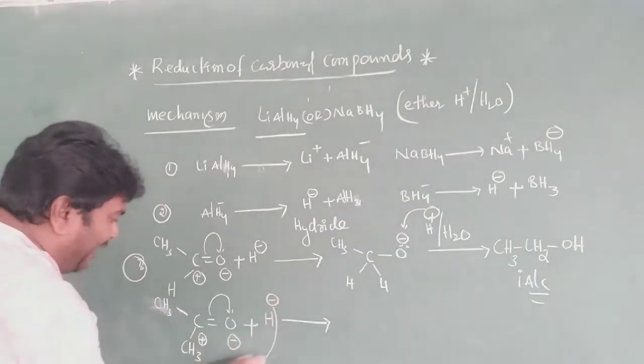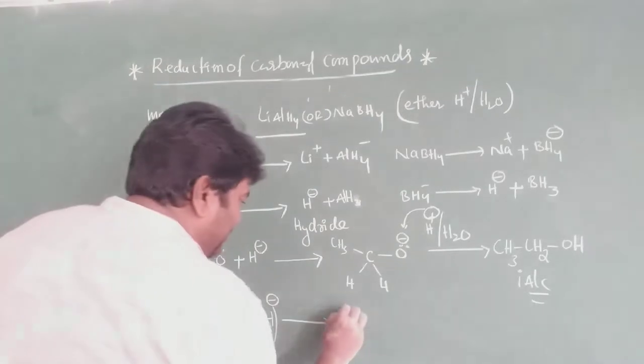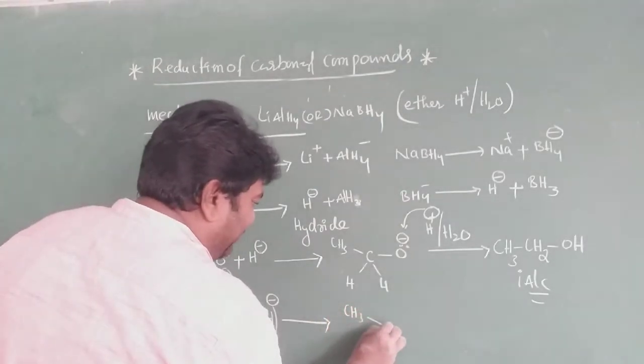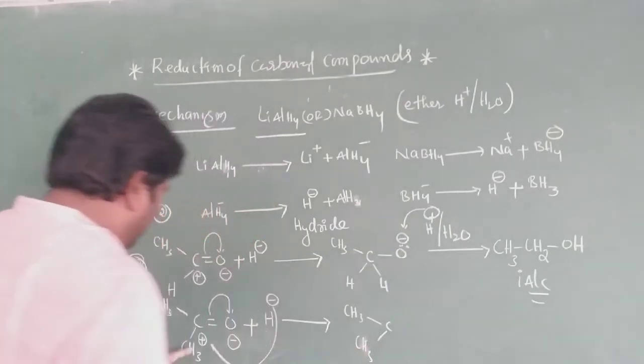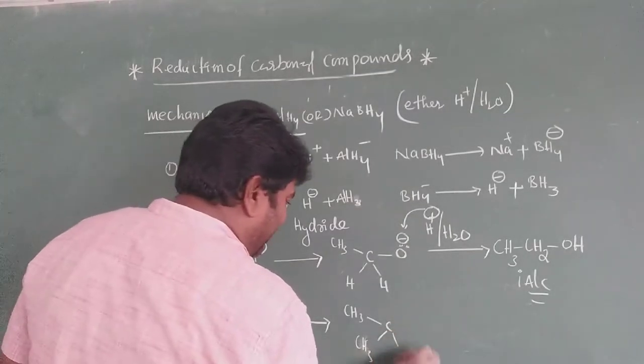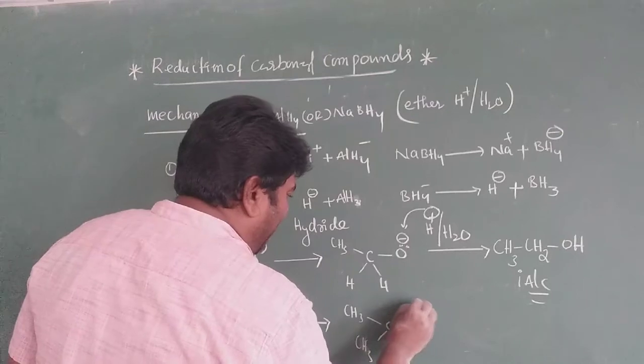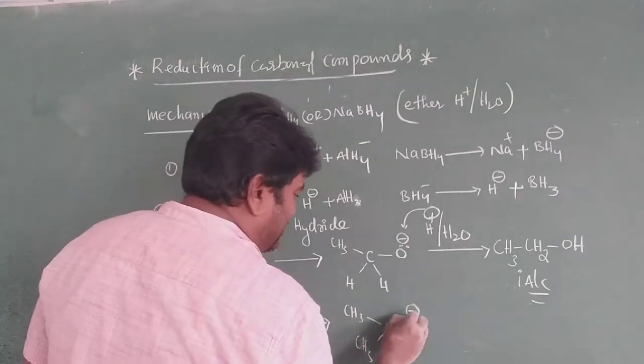This hydride ion shifts to here. You will get CH3, C, hydrogen and O minus, with a lone pair on O minus.